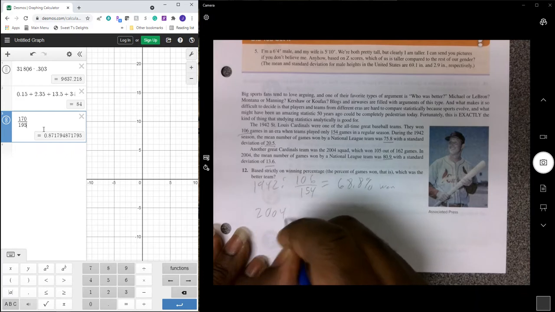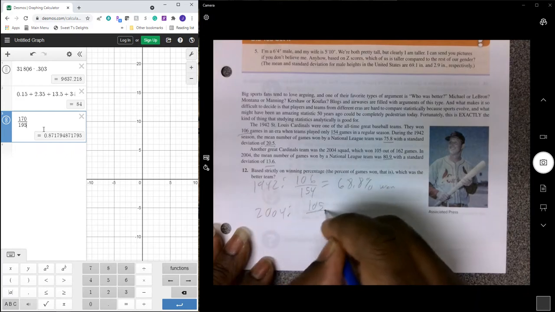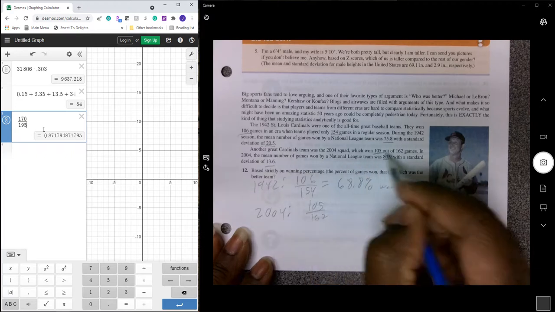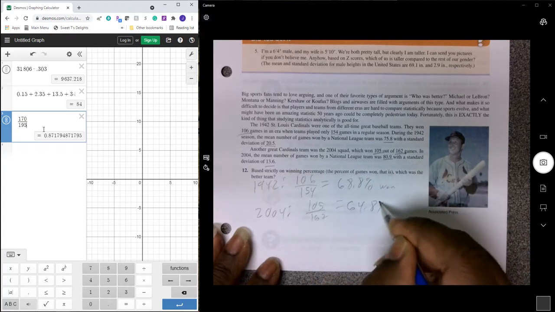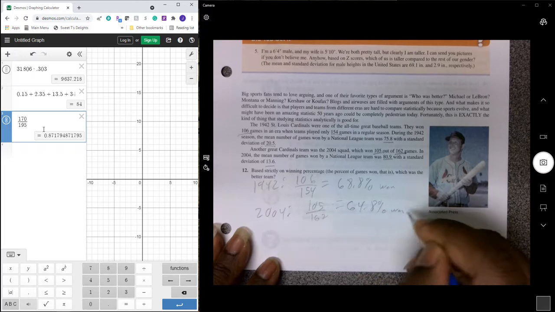So 2004, it was 105 over 162, and that would give you about 64.8% won.